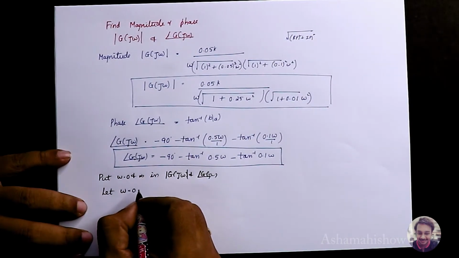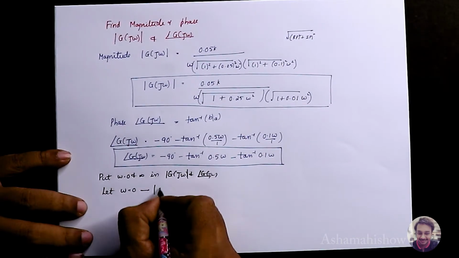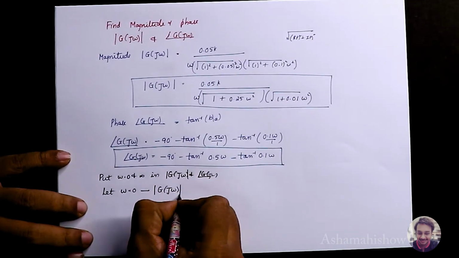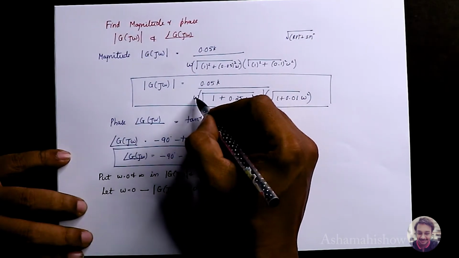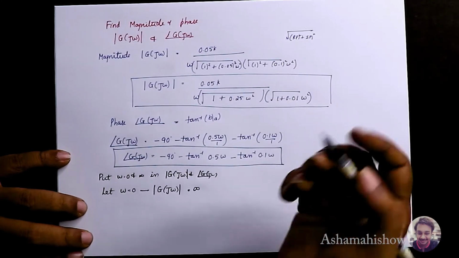If we put omega 0, what would be your magnitude? Your magnitude will be infinity, because 0.5k by 0 is infinity.